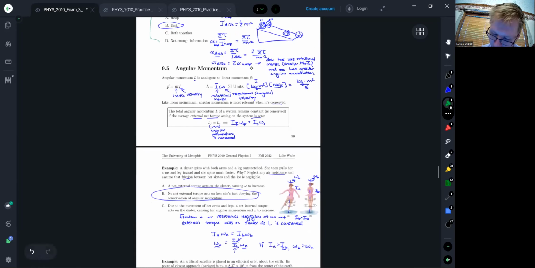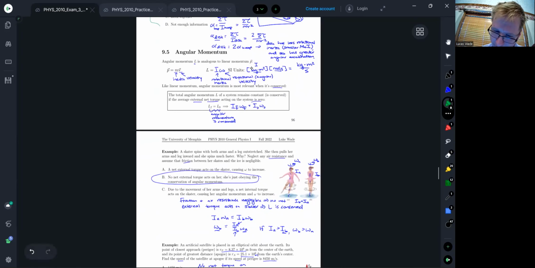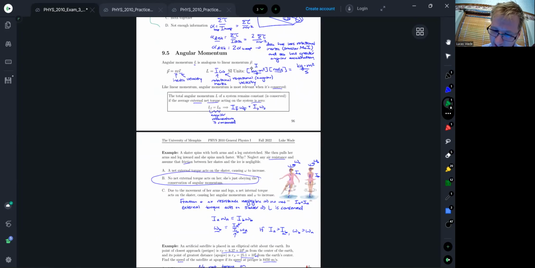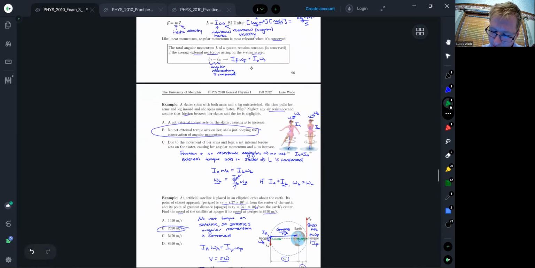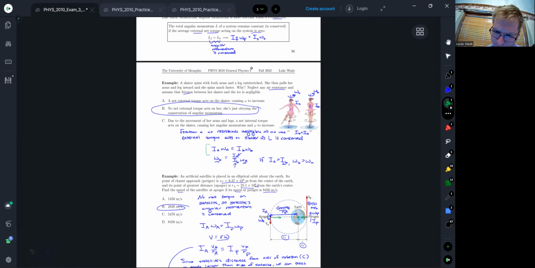Angular momentum, there's a tiny bit on that. It's just that if angular momentum is conserved, which happens when you don't have an external net torque acting on a system, then you can apply this equation here, which says that the angular momentum, which is the product of moment of inertia and angular speed, really angular velocity, but direction gets a little bit weird for angular variables, so we didn't go into that.